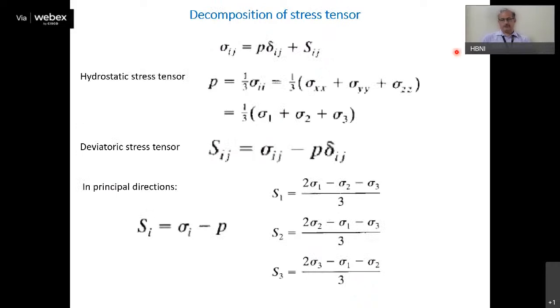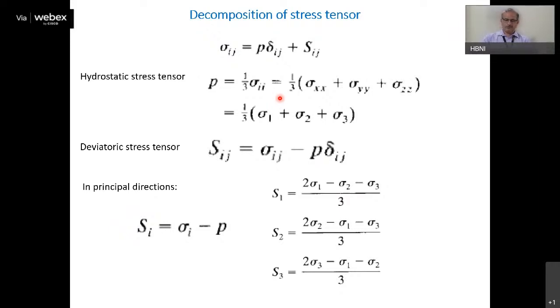Now, before understanding this macroscopic plastic deformation surface, we need to first decompose this stress tensor in terms of deviatoric stresses and hydrostatic stresses. It has been shown by Bridgman and other researchers that if you apply hydrostatic pressure, you can go to very large pressure conditions without yielding of the sample.